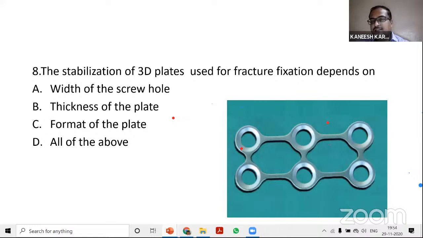What is this? This is a 3D plate. Before we were using only straight line plates like this, but now they've come up with 3D plates. This is a 3-dimensional plating system for fractures. So stabilization of 3D plates used for fracture fixation depends on, okay, all answers are all of the above.